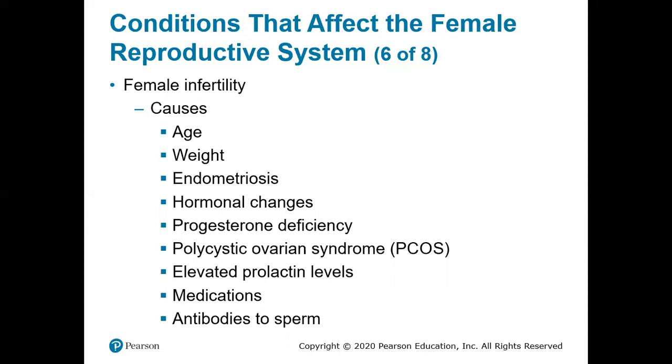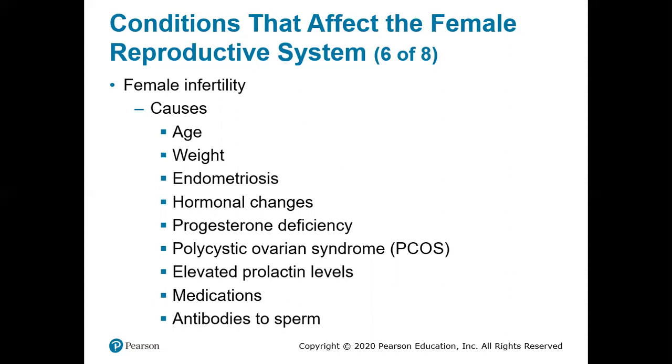About 1/3 of infertility cases can be traced to ovulation and hormonal problems. Progesterone deficiency, or PCOS. I'm sorry, my eyes floated to the wrong line. Progesterone deficiency refers to not producing enough progesterone, which keeps the uterine lining ready to accept implantation.